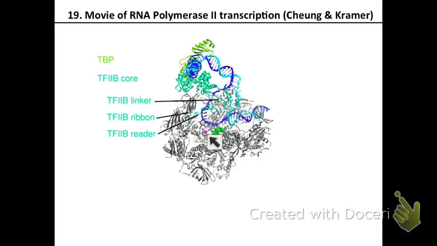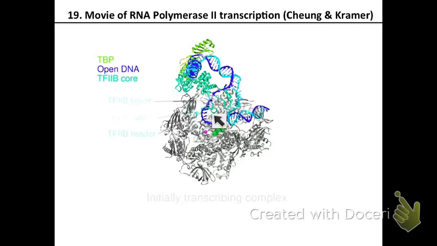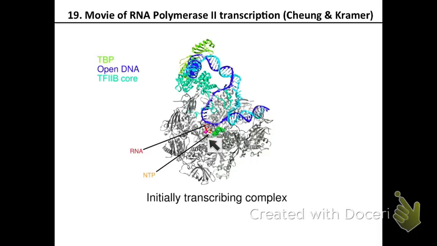Okay? So what happens is, after TFIIB inserts close to the catalytic core, you have the opening of the DNA duplex. So you have this transcription bubble, okay? And the magnesium ions at the catalytic core help the catalysis of the first RNA synthesis.